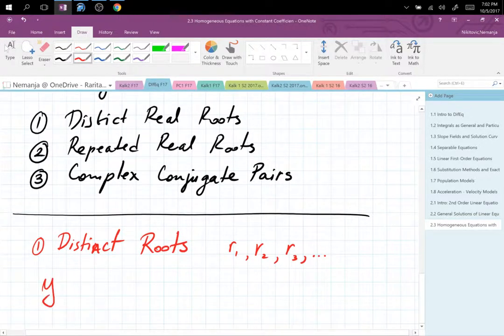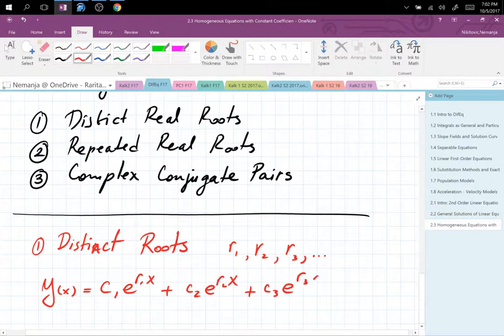The solution is y of x or y of t is c1 e to the r1 x plus c2 e to the r2 x plus c3 e to the r3 x plus whatever amount you have.